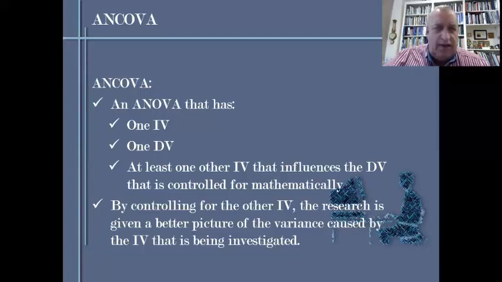We've been using the example of our contentment with college life score. So it's the ANOVA, but we're going to add in a control variable. That's going to be at least one other independent variable that influences the dependent variable and is controlled for mathematically.